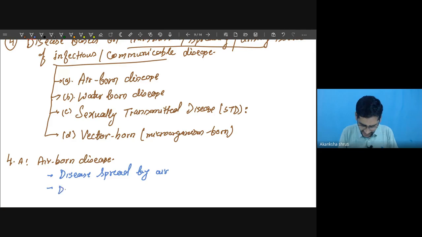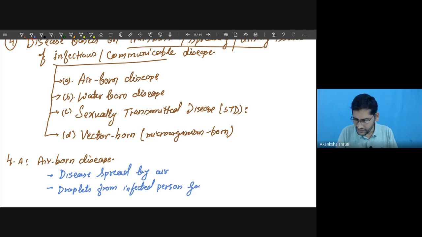Here the droplets from infected person goes to air to healthy person.